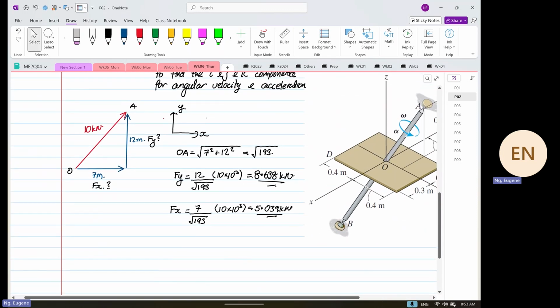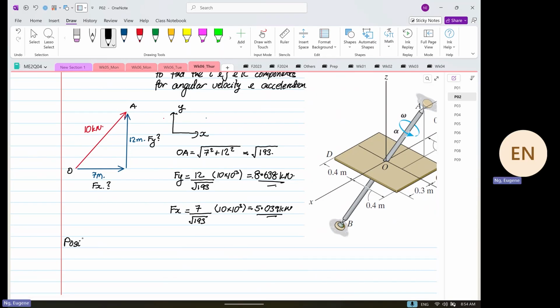So from here, we are going to find our position of A relative to point O. So over here, O is our reference point, right?